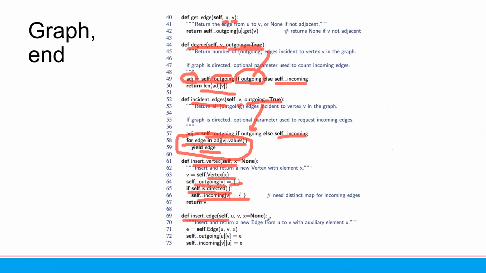If you want to insert the edge X, then you will make the object X, U, V, X, and then the outgoing will be the outgoing U, V, and then the incoming V, U. We need to define this one first, just in case the graph is a directed graph.